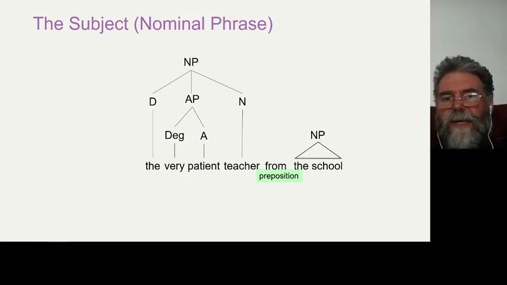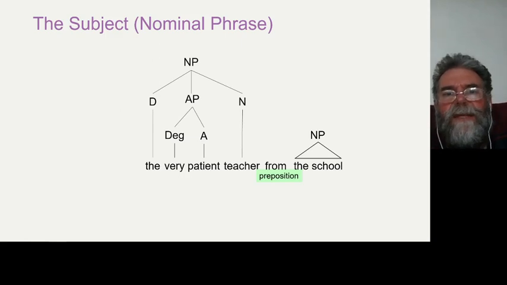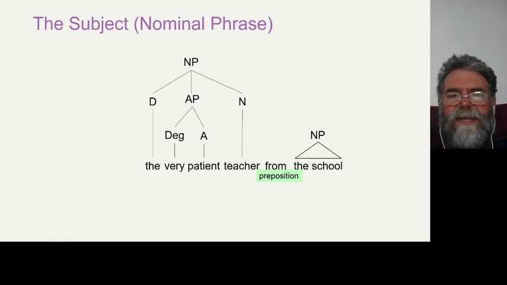So what we could say is then that this phrase from the school is a phrase which also contains an NP, the school. I'm representing this in this drawing here with a triangle. What that means is simply that the words the school go together to form this NP, but I'm not giving you the details of the internal structure of that NP.